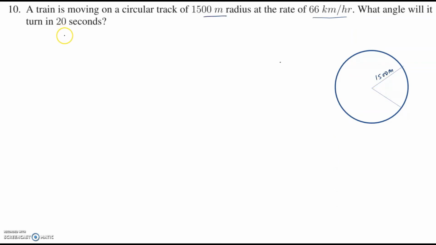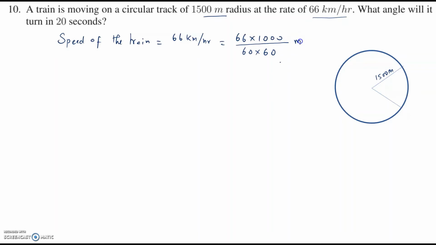So the speed of the train is equal to 66 kilometers per hour. So we need to convert the kilometers to meters and the hour to seconds. So to do that, this would be 66 into 1000 meters in a kilometer divided by, to convert the hour to seconds, you need to multiply 60 times 60.